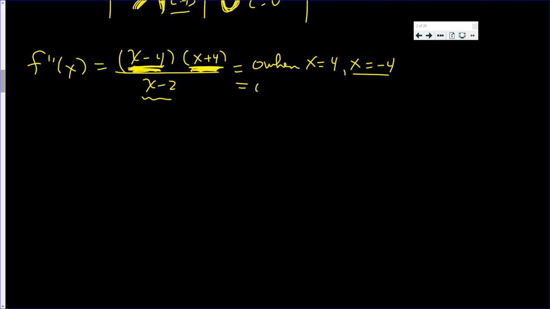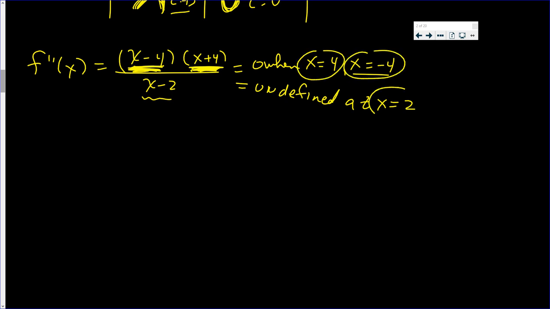And it is undefined when the bottom is 0 at x equals 2. It's undefined at x equals 2. So these are our key numbers. That's where we want to stop the number line. So maybe you want to put them in order.